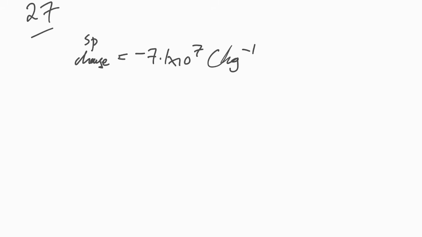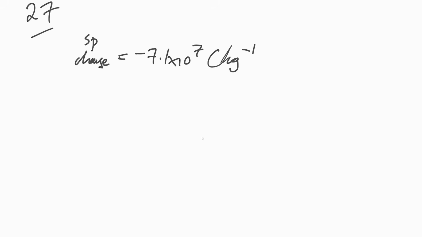27. We have a specific charge of minus 7.1 times 10 to the 7 coulombs per kilogram. It is held stationary in a vertical electric field. What are the magnitude and direction of the electric field? Right.